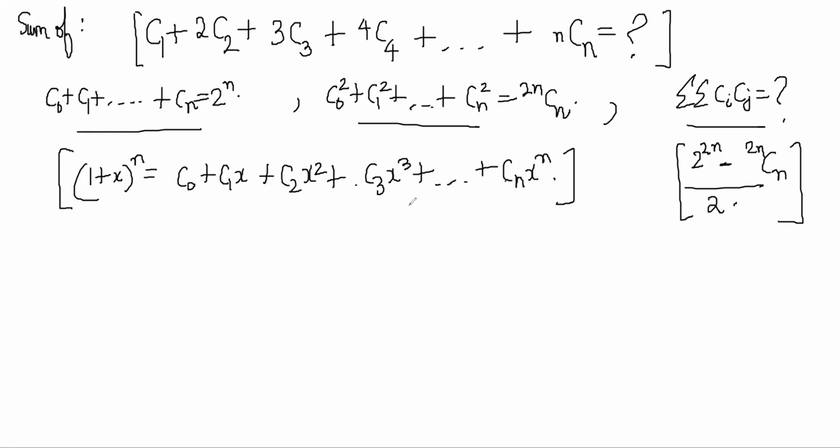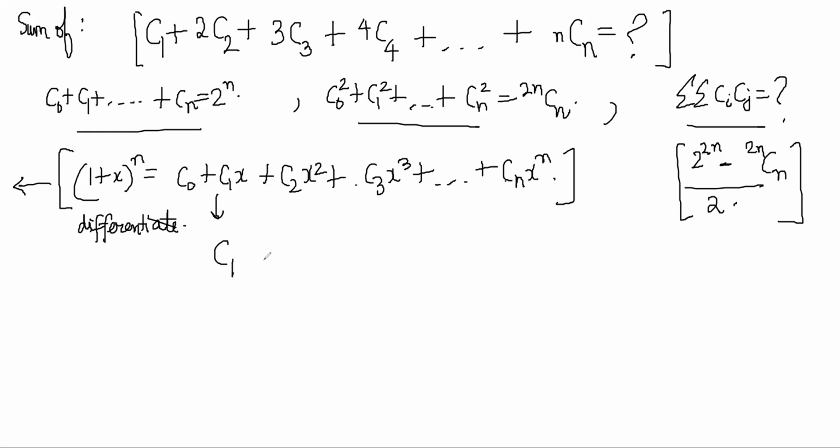Since it is an identity, I can perform mathematical operations on both sides of the identity and it will still remain an identity. So the obvious thing to do is differentiate with respect to x, because then C0 will disappear.